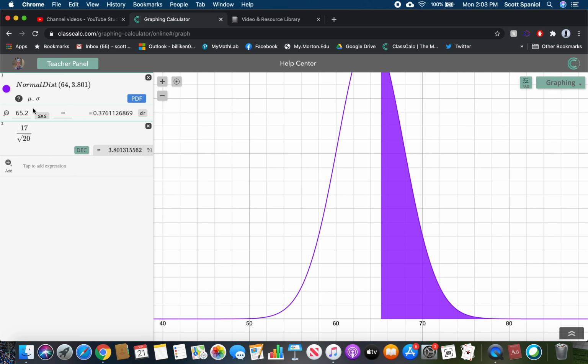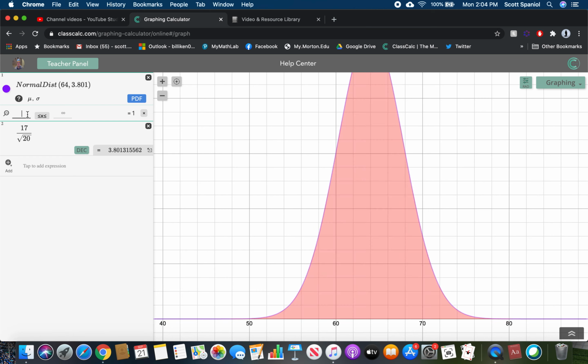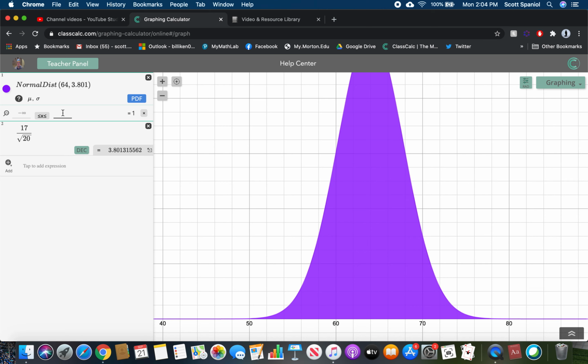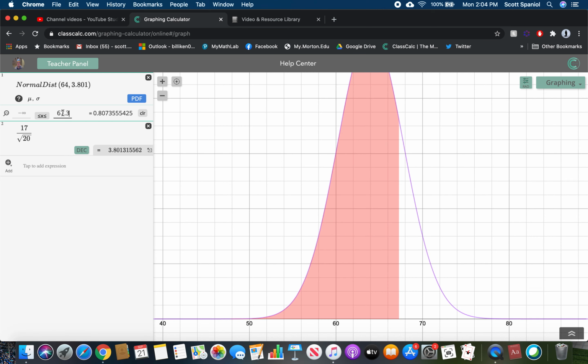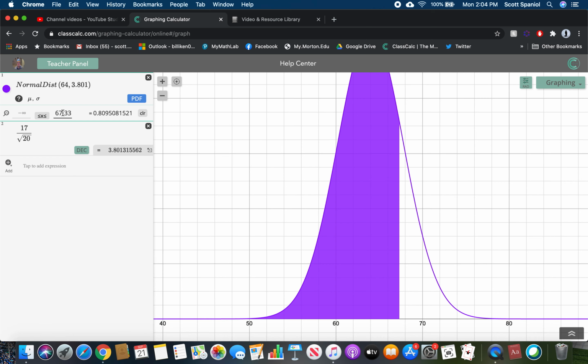So now for 65.2, when n equals 20, I get 0.376. And if we do the other one, x is less than 67.3, we get 0.807.